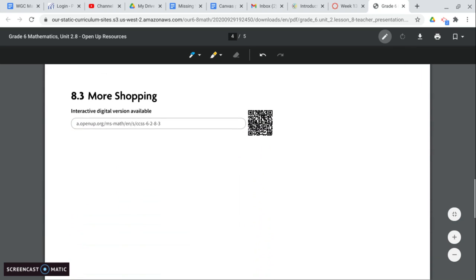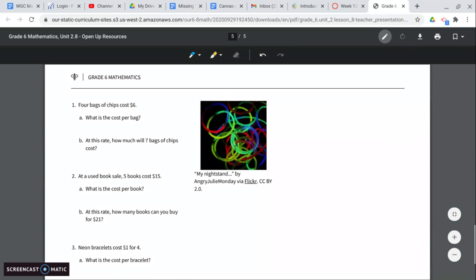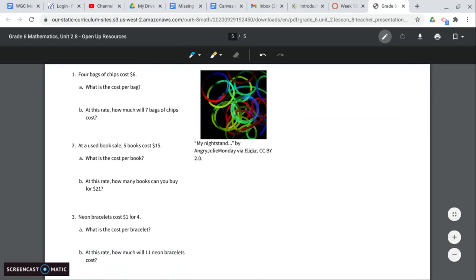All right, more shopping. 4 bags of chips cost $6. What is the cost per bag? If we take our $6 and divide it by 4, we're going to get $1.50.